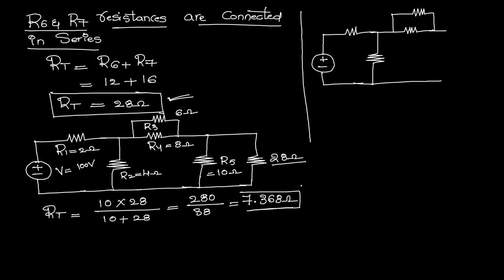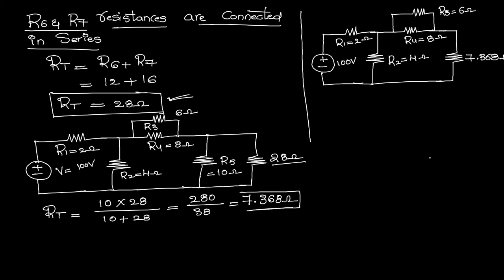So that is the reason why instead of this parallel combination I am directly placing this particular resultant value, that is 7.368 ohms, and we know that this R4 is equal to 8 ohms, R3 is equal to 6 ohms, R2 is equal to 4 ohms, R1 is equal to 2 ohms, and this voltage source V is equal to 100 volts.